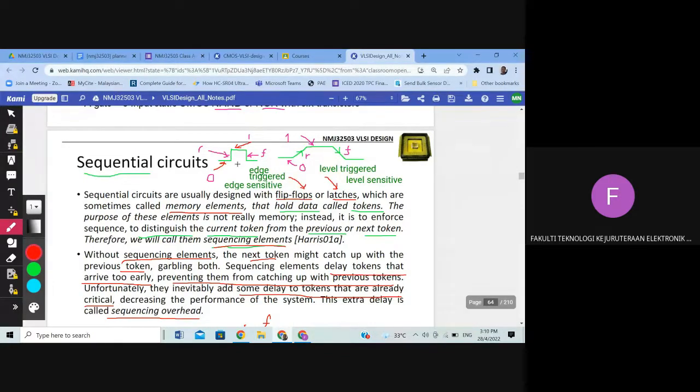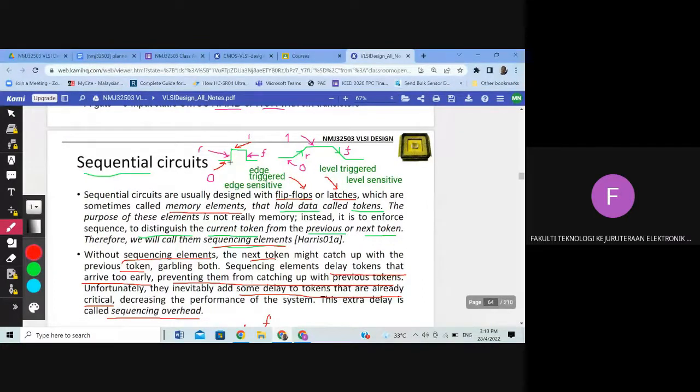It can be sensitive to level zero or to level one. Sensitive means it will produce the output on a level basis or an edge basis, depending on the type of sequencing element. So a flip-flop is edge sensitive, rising or falling edge, while a latch is level sensitive, high level or low level, depending on your encoding.